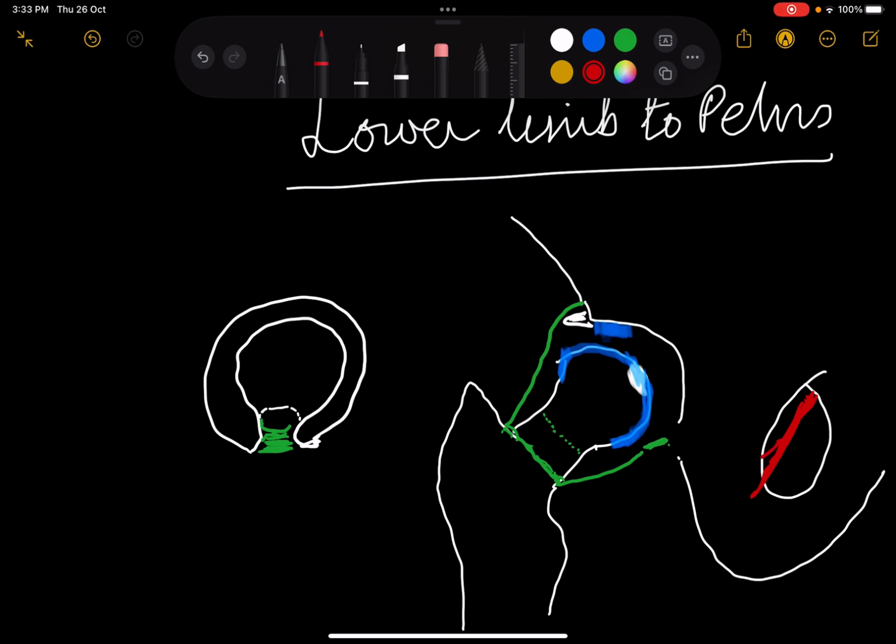It gives a branch which is called as the artery of the ligamentum teres, and it enters through this notch. Then it lies on a ligament which is called as the ligamentum teres, which goes and attaches to the fovea capitis. So this artery goes on the dorsum of this ligament and enters the head, supplying 3% of the head.